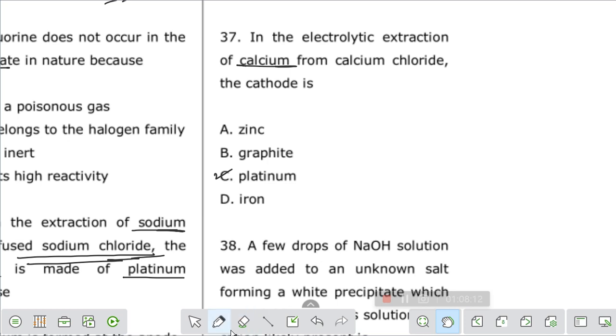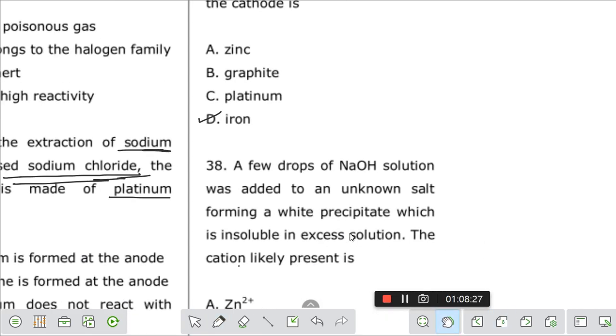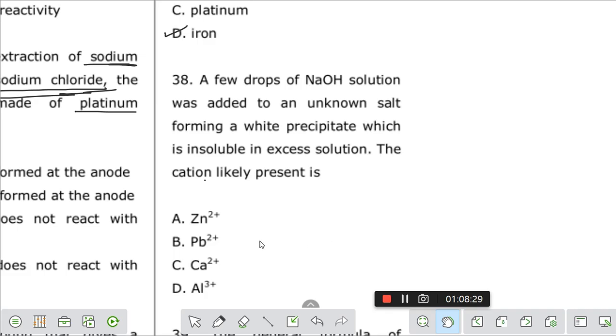Oh, sorry. The cathode is made up of iron. Sorry. So now number 38. A few drops of NaOH solution was added to a solution. Okay, hold on.